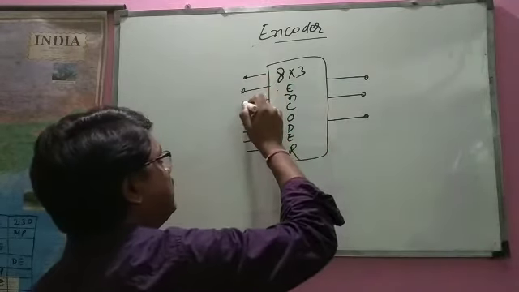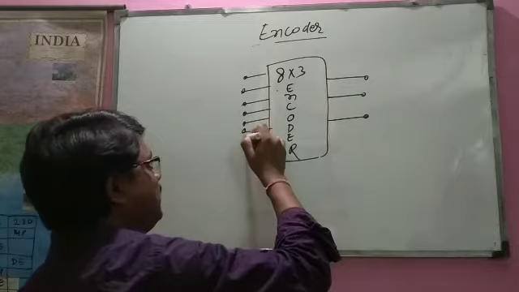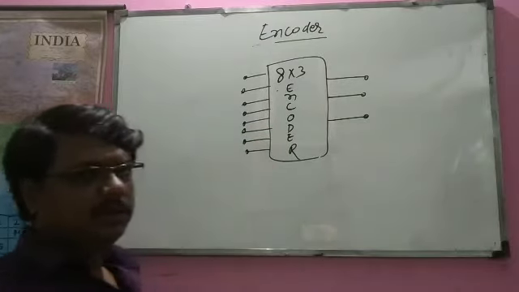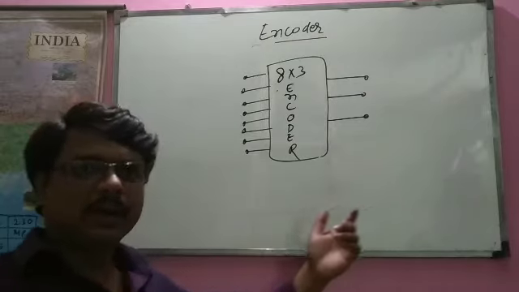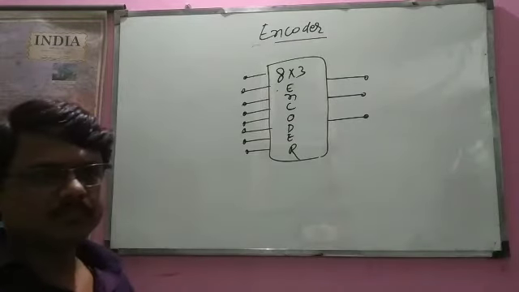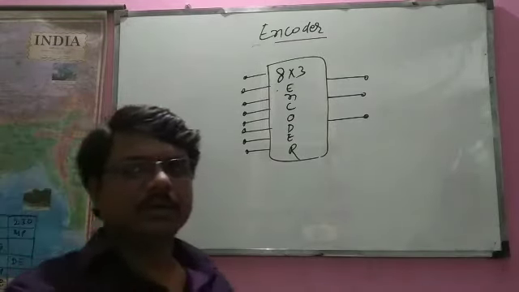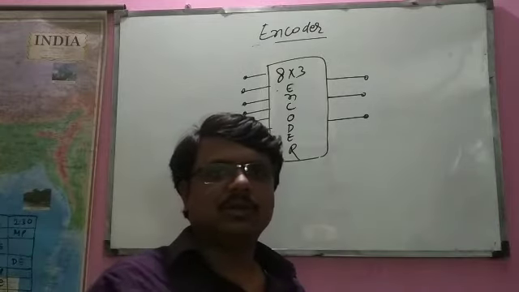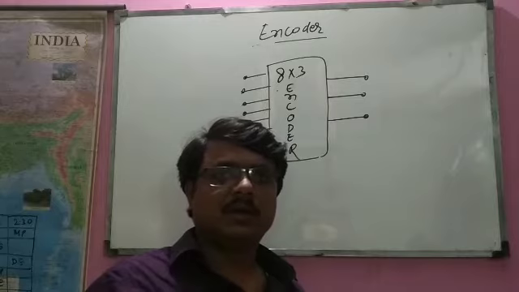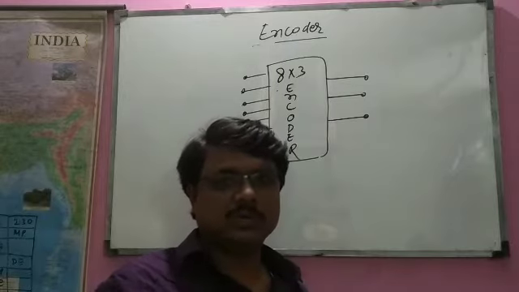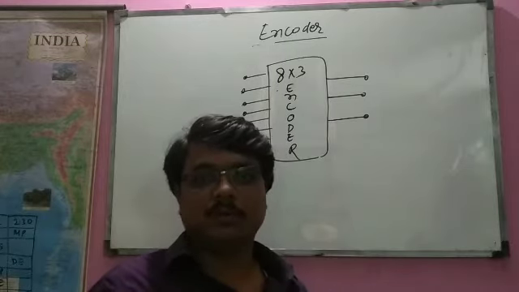Likewise, in the multiplexer it was many:1. There were many inputs and only one output. And in your demultiplexer there were many outputs and only one input.